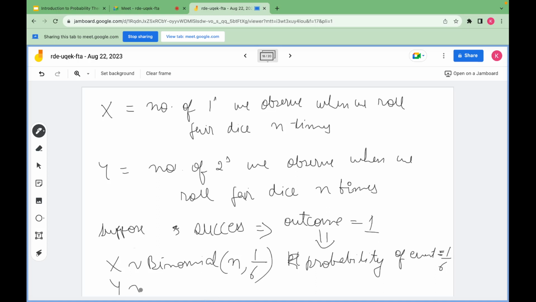Similarly, y also has a binomial distribution when we roll our die n times, and the probability that our outcome is 2 is also 1 by 6. So x and y both are binomially distributed.